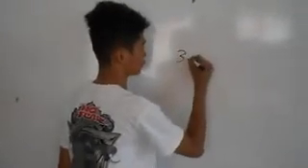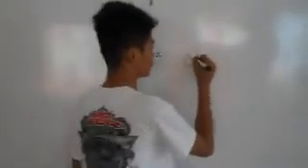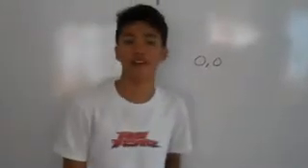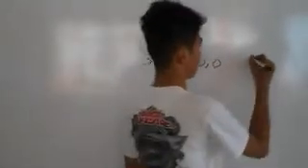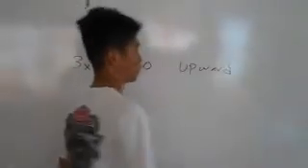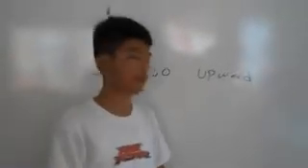I have an example: 3x squared. The vertex of 3x squared is (0, 0), and the direction of opening is upward. Minimum, because a is positive.